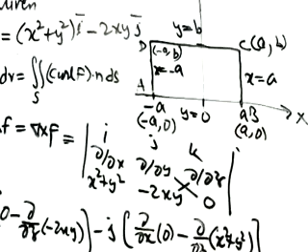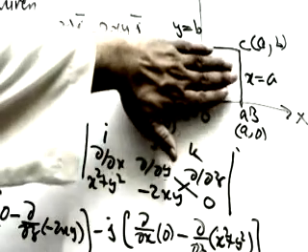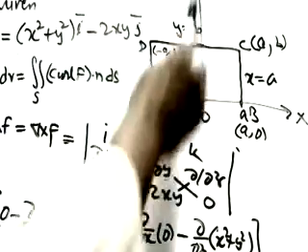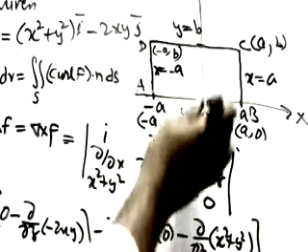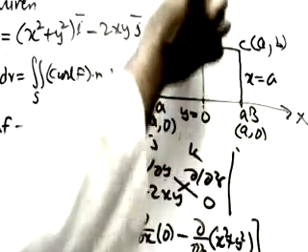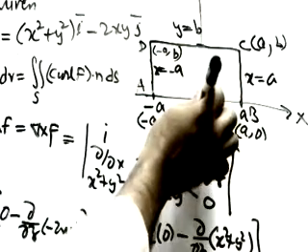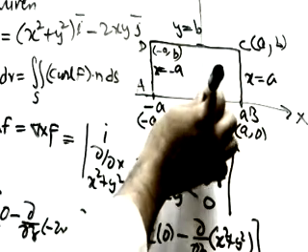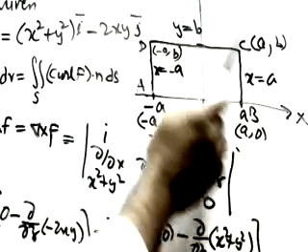Now what is the next step? You see here, after curl f we have to find dot n. So what is n here? Watch here, n means the vector perpendicular to the plane. Clearly we are having the xy plane, so the perpendicular vector will be along the z-axis, so this will be k.